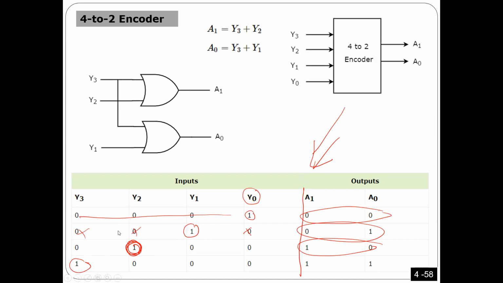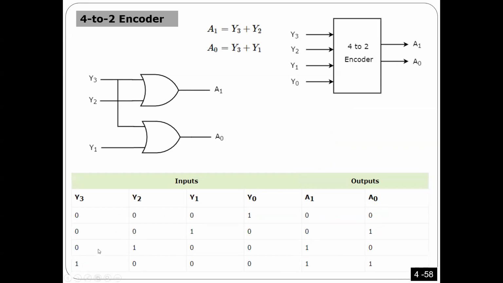Now, how can I design the circuit? Very simple. I'm going to show you how. Similar to what we did before, but there is a small, interesting difference. What did we do before?